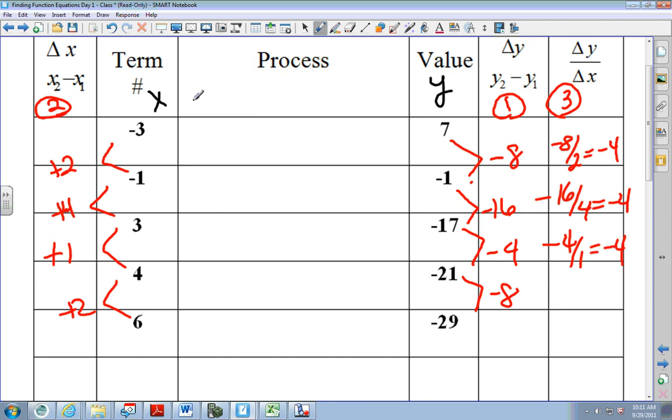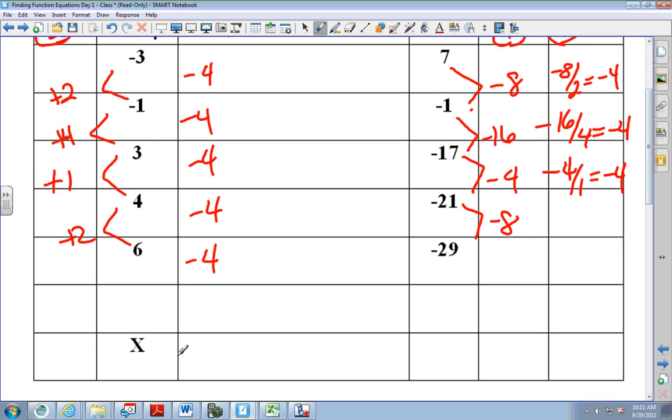Now remember, this is my coefficient. And that goes down here, down the first column. All the way down. Let's see if I can go down here a little bit more and find my x. There we go. Negative 4. Now, remember that if all of these are the same right here, then it is linear.